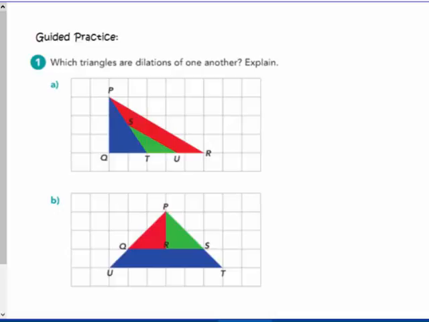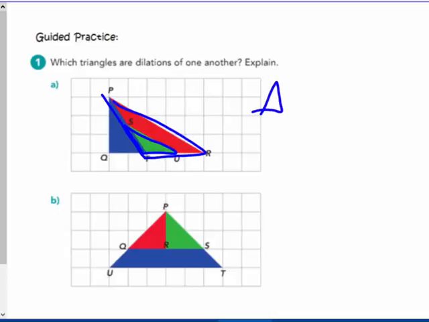So some guided practice here, next page. Which triangles are dilations of one another? Same question, so you have to find similar shapes and a common point of dilation. STU and PTR.